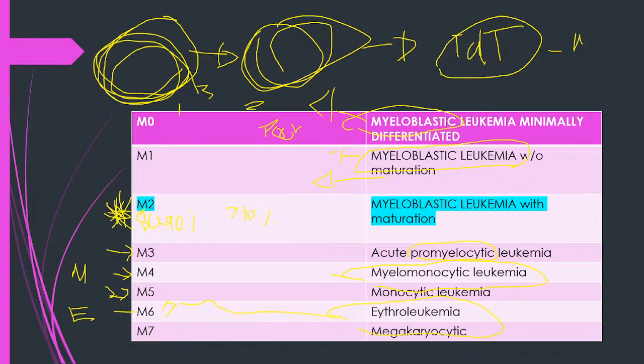Who can answer me? What are the stages of development of RBCs, in order? I'll ask someone out of the 49 people in this group.